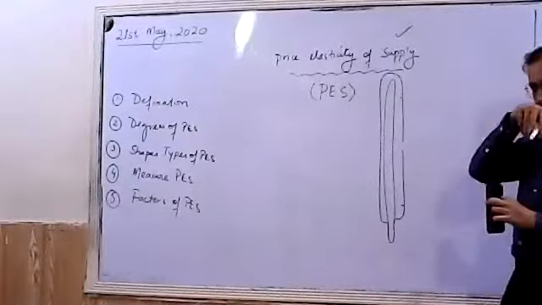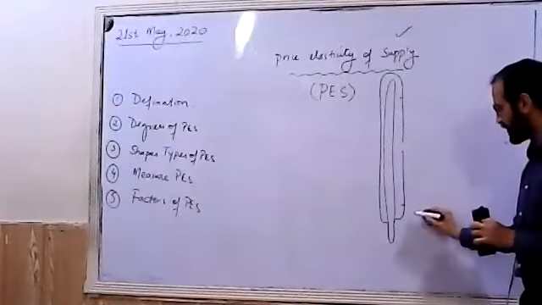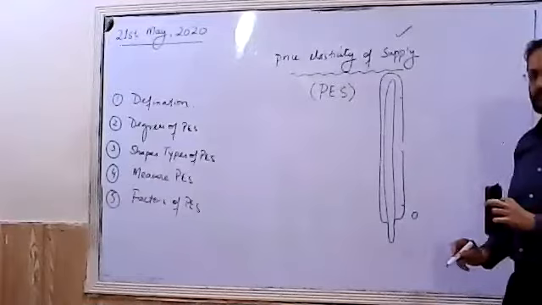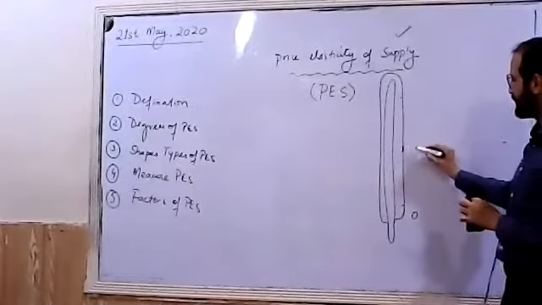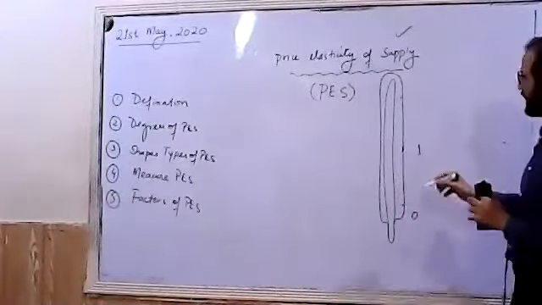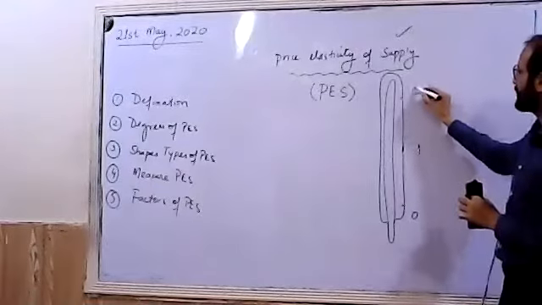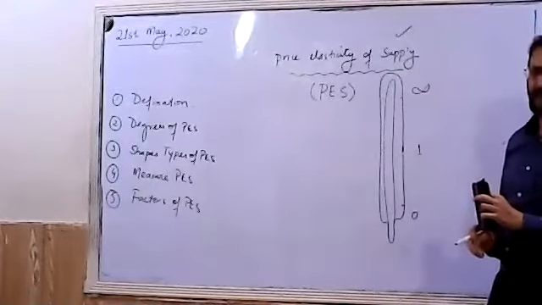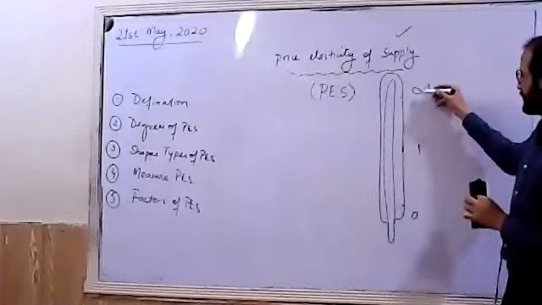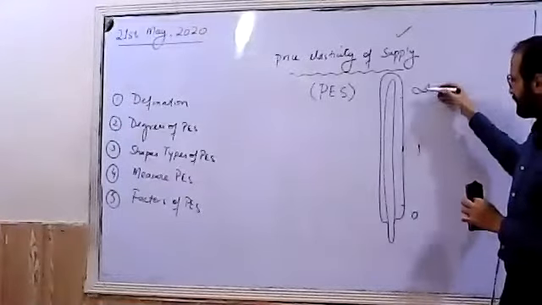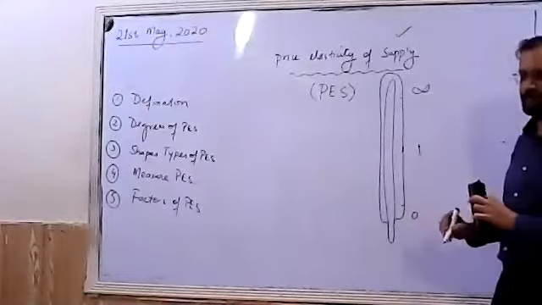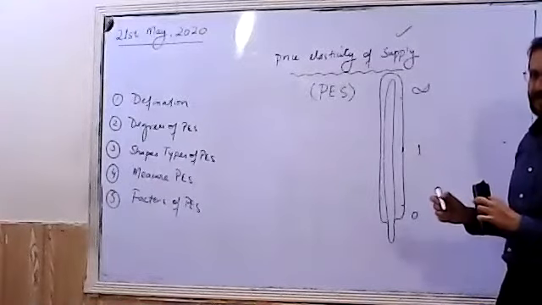Now, where do the values actually start? The lowest one is, let's say, 0. And somewhere in the middle, let's say it's 1. And let's say on the top, it is infinite. So in between 1 and infinite, and 1 and 0, we have another range of degrees.